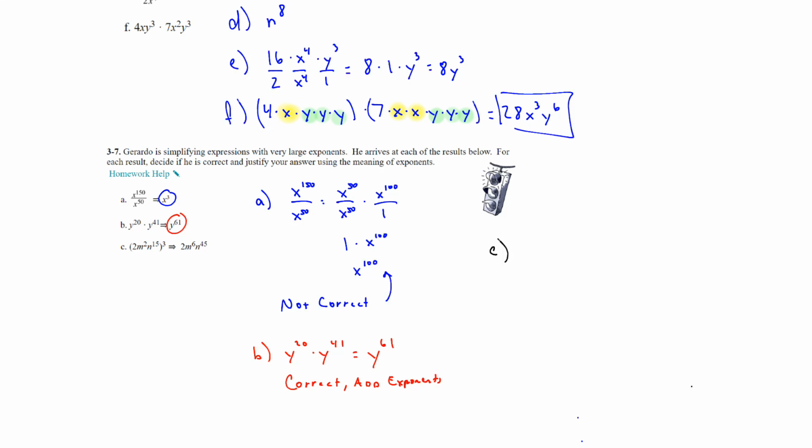And then on C, we have 2m squared n to the 15th raised to the third power. So if we expand this out, we are going to get 2m squared n to the 15th times itself 3 times.